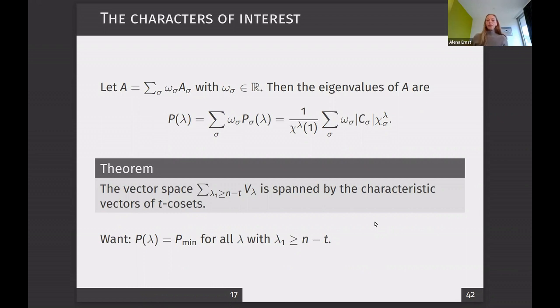So we want to have that the minimal eigenvalue of our weighted linear combination is only corresponding to these lambda that are appearing here in the sum, so that we make sure that at least our characteristic vector of the maximal t-intersecting set is contained in this vector space that is spanned by the characteristic vectors of t-cosets. So we know on which lambdas we want our minimal eigenvalue to appear.